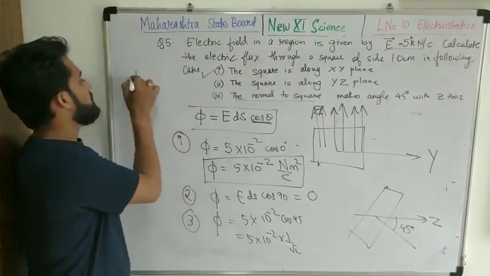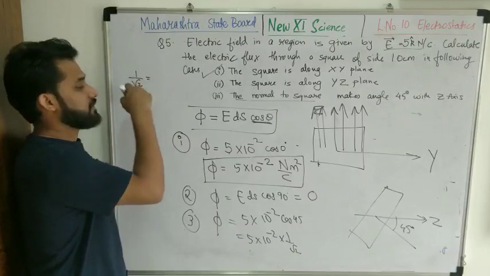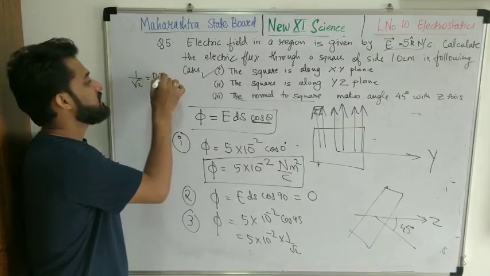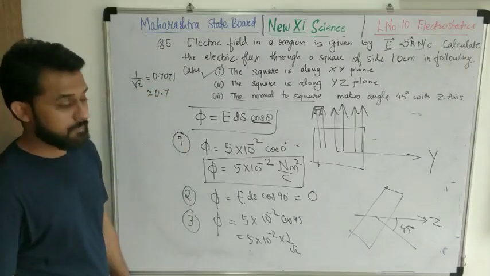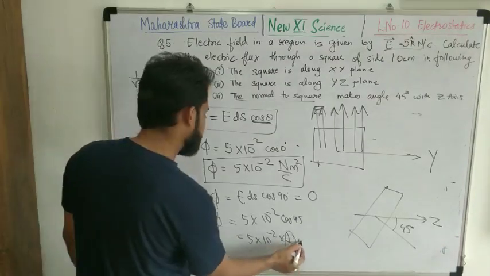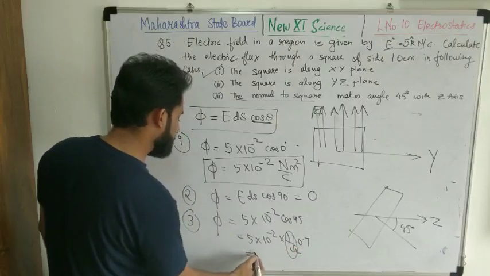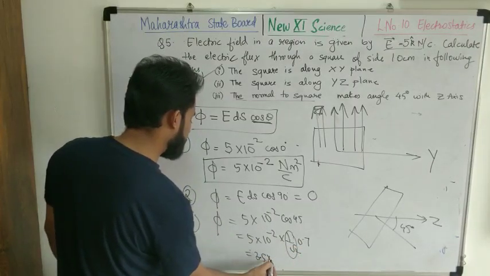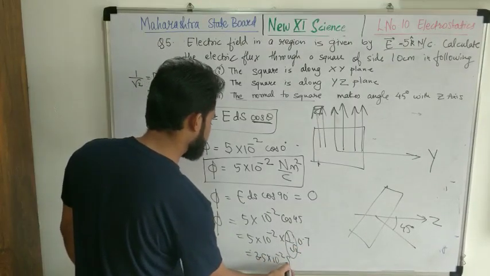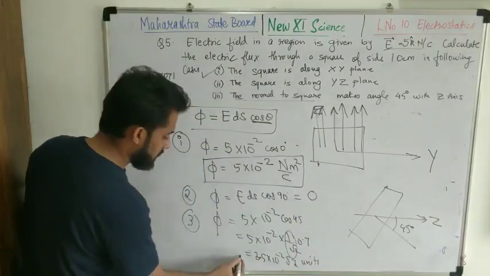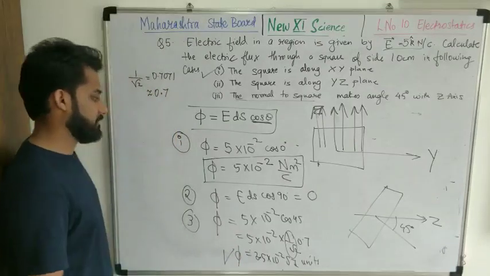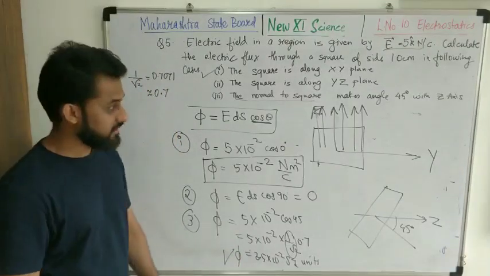And remember, 1 by root 2, if you solve it properly, is 0.7071, which we will approximately consider 0.7. So 5 sevens are 35, 3.5 into 10 raised to minus 2 SI units, that is Newton meter square per Coulomb. This is the flux in the third case. These are the answers for question number 5.